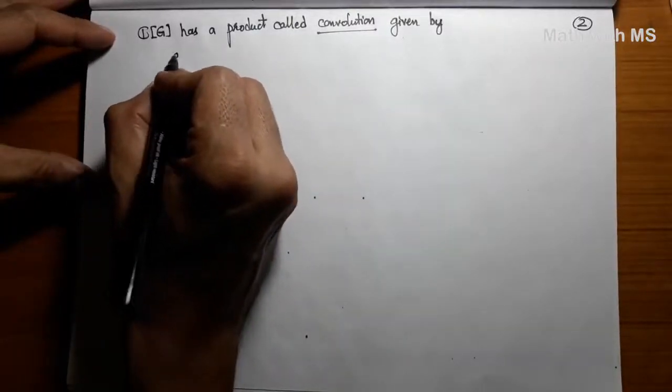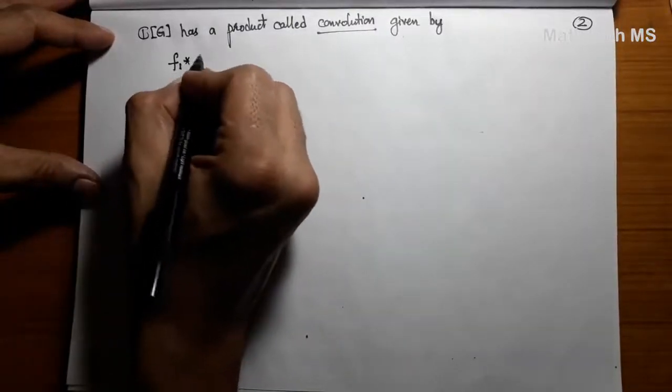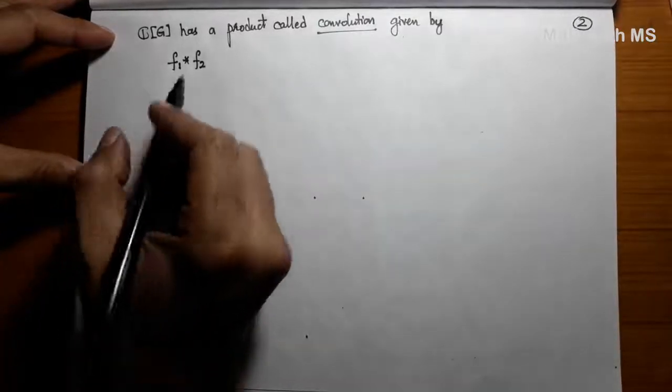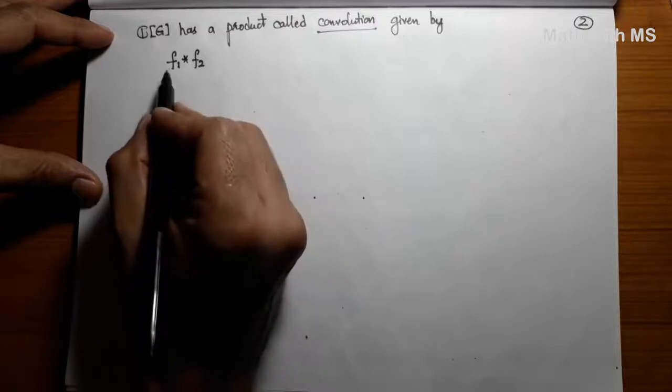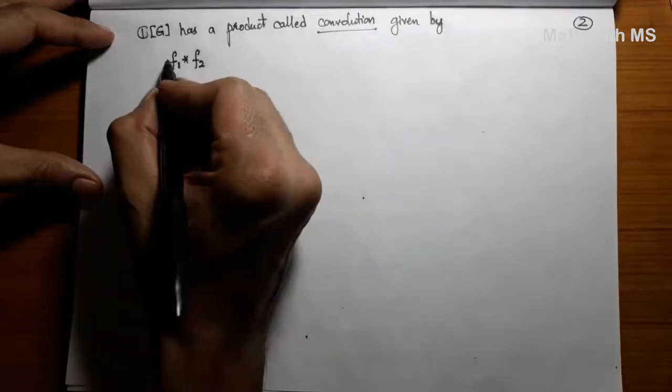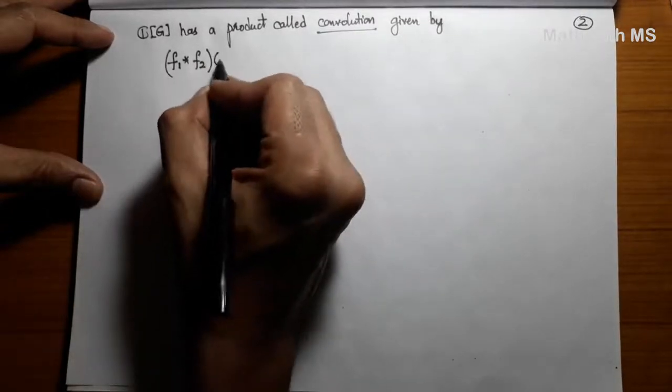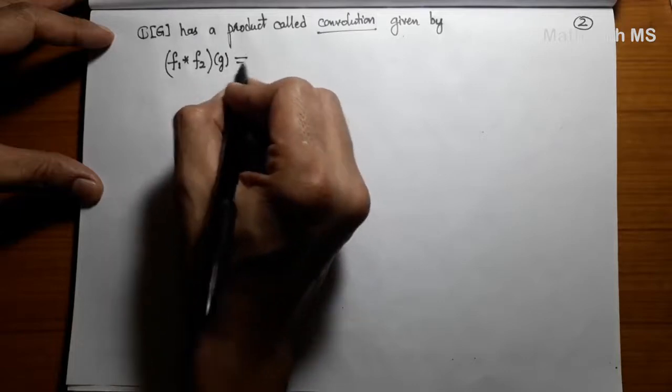If you take two complex valued functions f1 and f2 from G to C, we define f1 star f2, and it has to act on a group element. So it acts on the group element g by this rule.